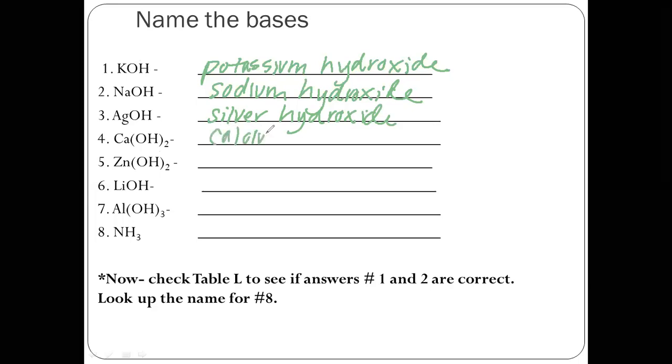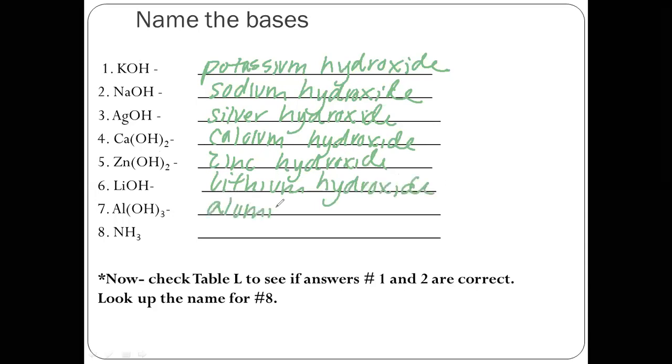Calcium hydroxide, zinc hydroxide, lithium hydroxide, aluminum hydroxide, and then the last one, NH3, is in reference table L. This is called ammonia.